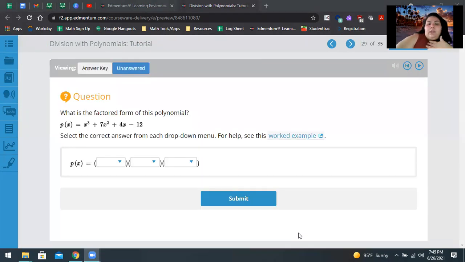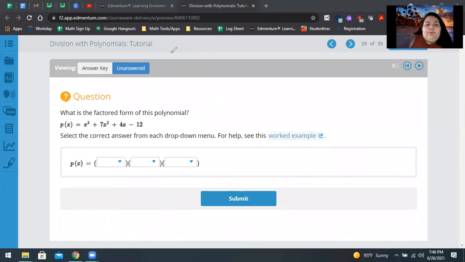Okay. So by looking at this on slide 29, it says, what is the factored form of this polynomial? So they want us to factor it. I see 4 terms. I can try to break it apart. So again, we see 4 terms, we are left with grouping.